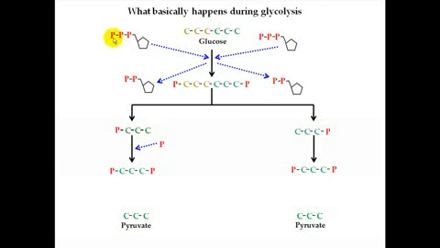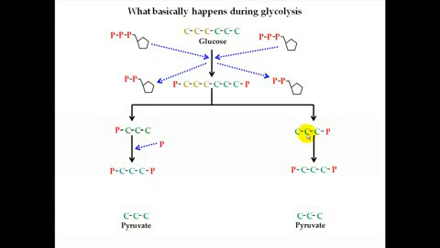So this phosphate group up here is considered to be an organic phosphate because it's attached to this sugar group that has carbons and hydrogens in it. This phosphate down here is considered an inorganic phosphate because it's attached to neither carbons nor hydrogens. So it's a free-floating phosphate that's tacked on to this 3-carbon molecule.